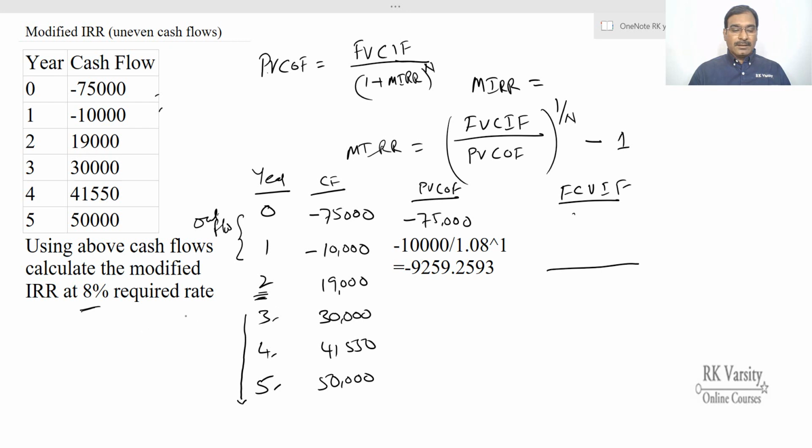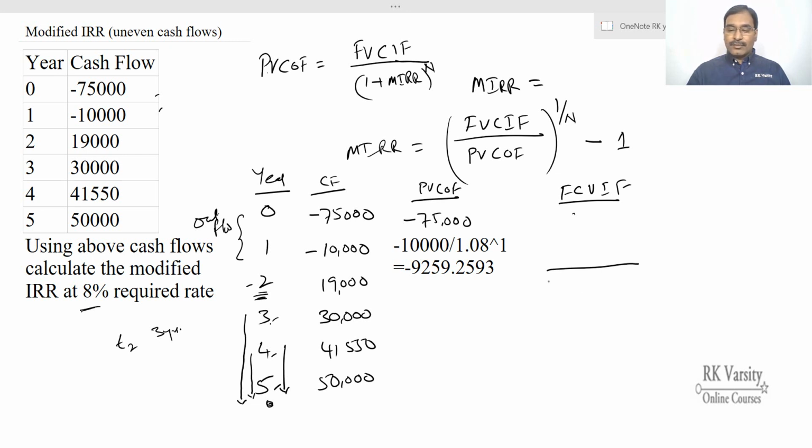That means the amount that you received in the second year, time period T2, is reinvested for 3 years. Similarly, the amount that you receive in time period 3 is reinvested for 2 years. The amount that you receive in the fourth year is invested for 1 year. And the amount that you receive in the fifth year is invested for 0 time periods.